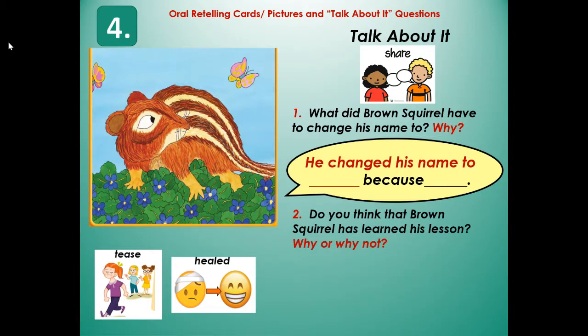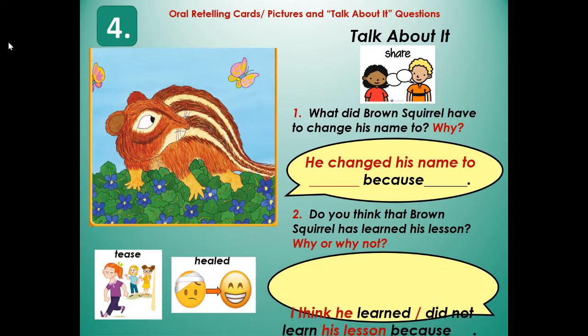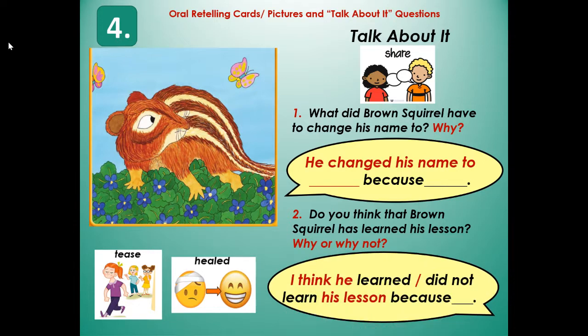Do you think Brown Squirrel has learned his lesson? Why or why not? I think he learned his lesson because, or I think he did not learn his lesson because. And tell me why.